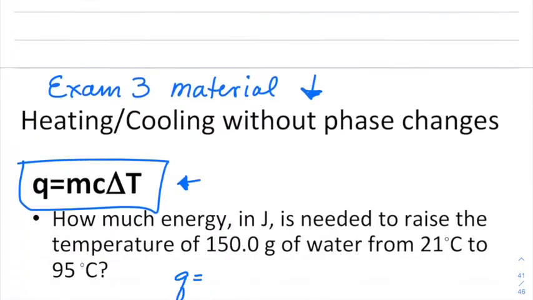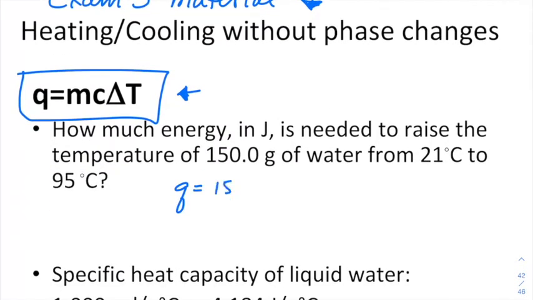Your mass is 150.0 grams. Anybody remember what our specific heat, C, is for water? I see 1, and 1 is in calories, but we do need it in joules. So that is correct, but for calories. Anybody know it in joules?